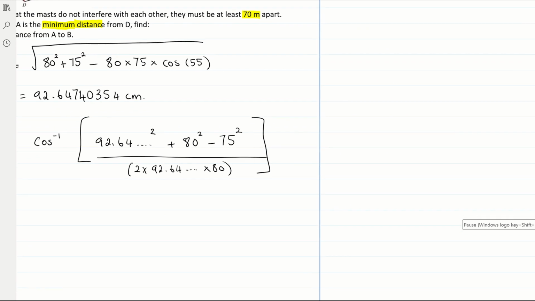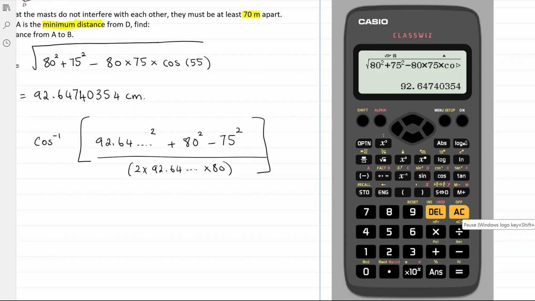The calculator can happily do that because the answer is there. So I'm going to go shift, cos, fraction. Answer squared plus 80 squared minus 75 squared, and I go down. I like to put in brackets 2 times answer times 80, close brackets, go to the top, close final brackets, equals. Again, I'm not going to round anything.